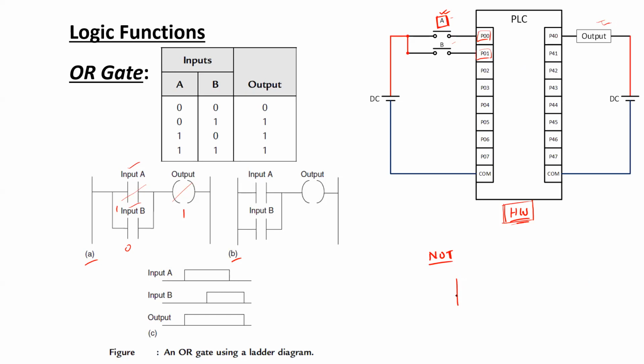Yeah, so between the vertical lines, if we use a closed switch and connect the output along with it in series, the address of the closed switch will be P00 and the address of the output coil will be P40.